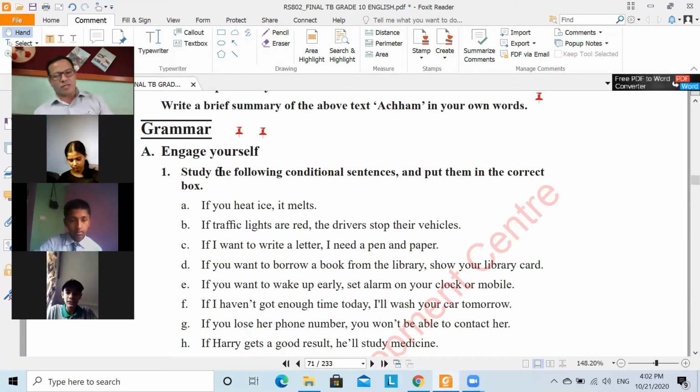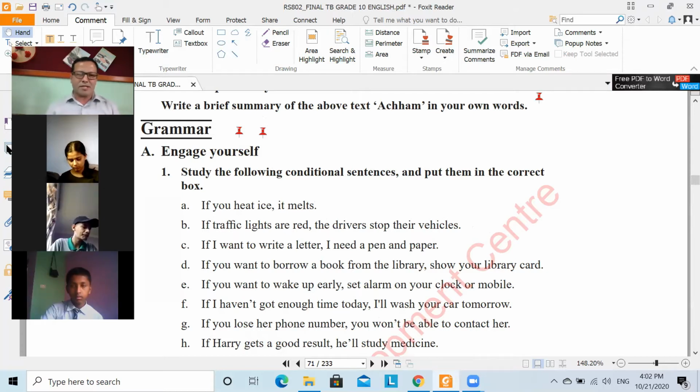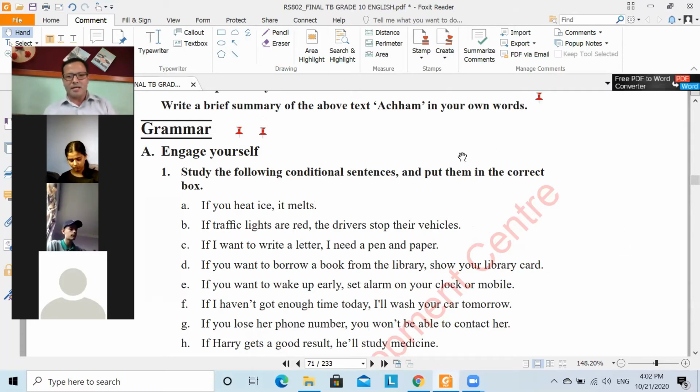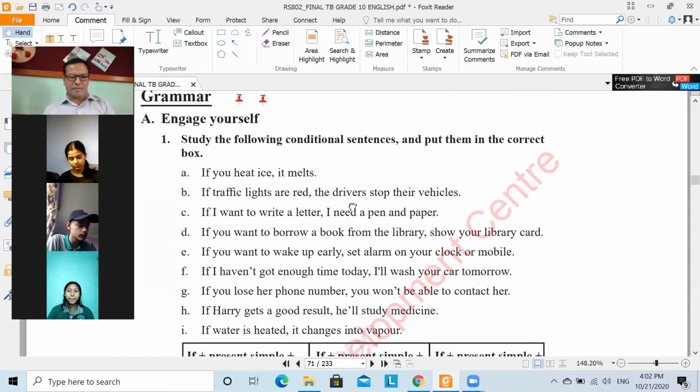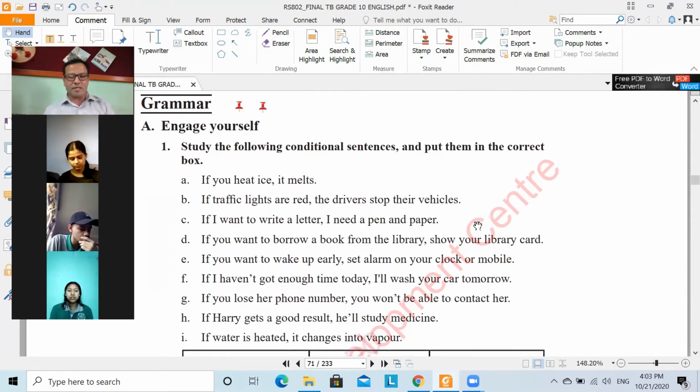In "Engage Yourself," it says: study the following conditional sentences and put them in the correct box. First, here are some examples given for us. Let's study these examples, and then we will try to understand what a conditional sentence actually is.